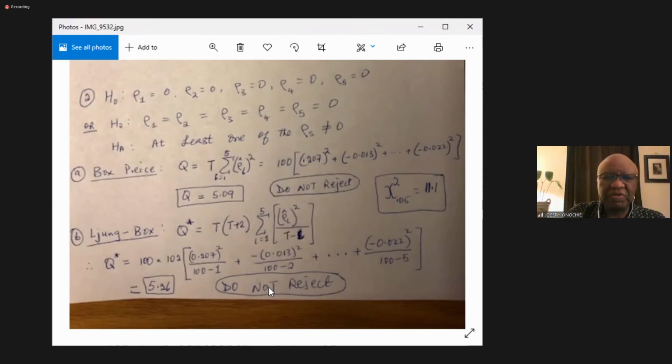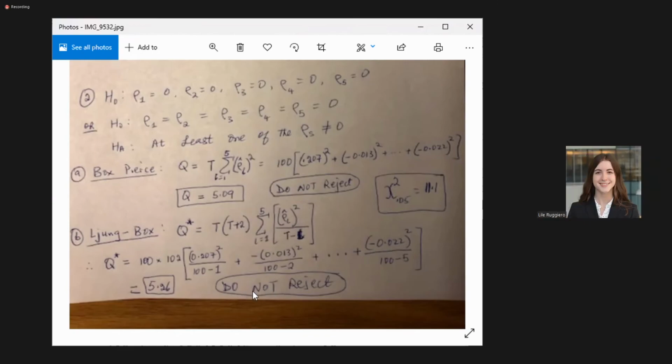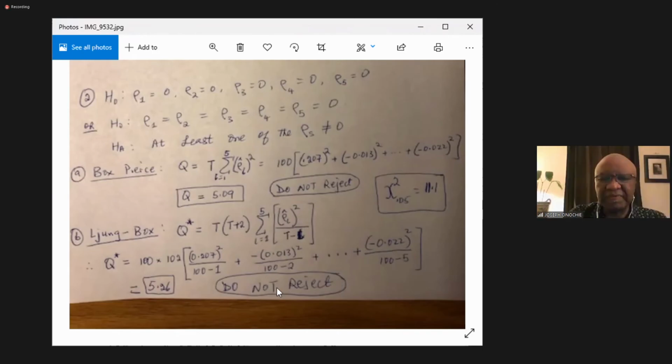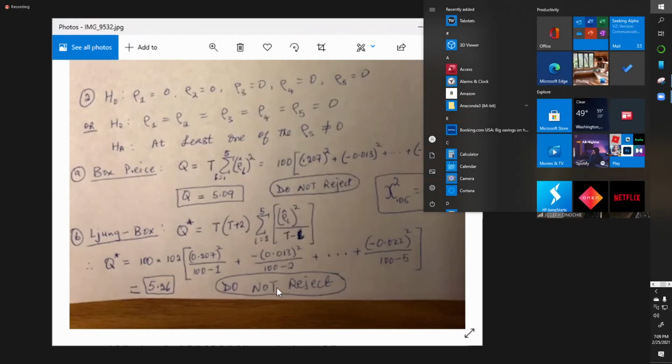The wording is hard. So it is do not reject. Okay, I should write accept. If it's easier for you to handle, you should say accept. Yes, makes sense. Okay, and then please don't tell my statistics colleagues I said that. So we should accept the null here.